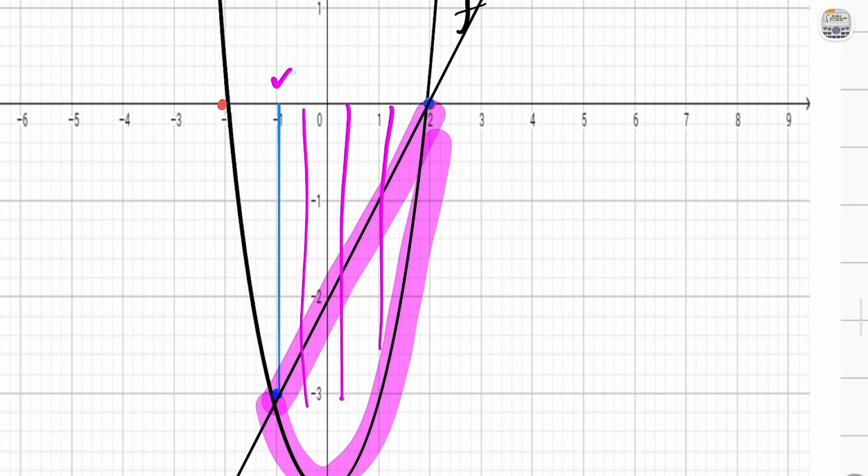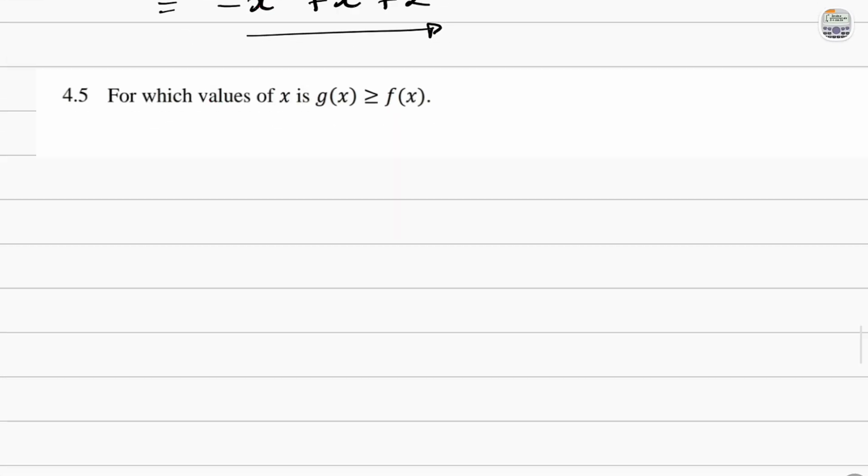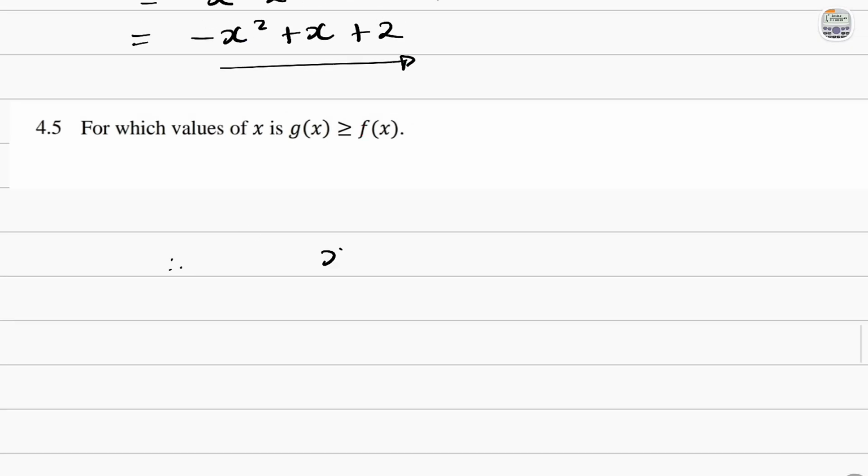So we need to take that x value as a valid x value, and 2 as well, because that's where they intersect. So you can see that x is greater than or equal to -1. It goes all through there and then less than or equal to 2. So all of these numbers in between here, those x values. And so x is greater than or equal to -1, but less than or equal to 2.